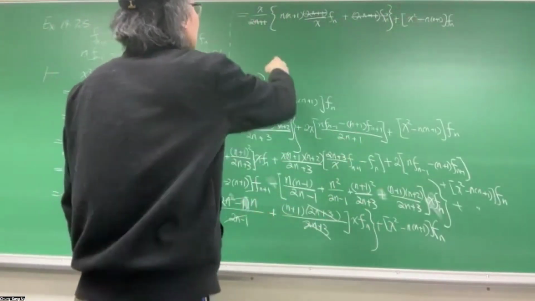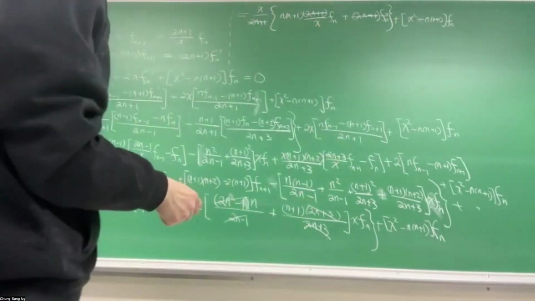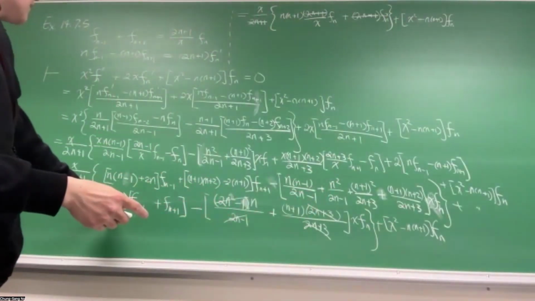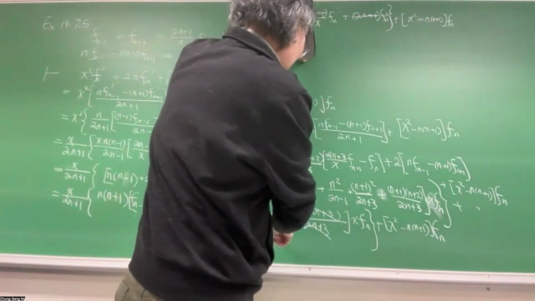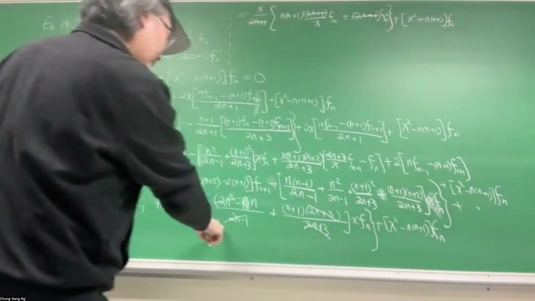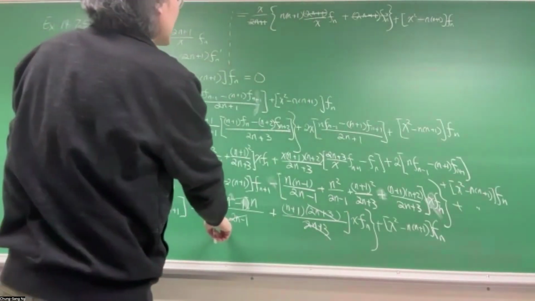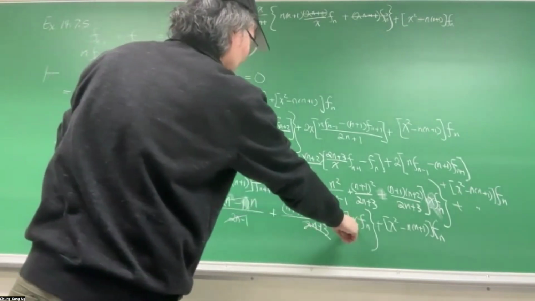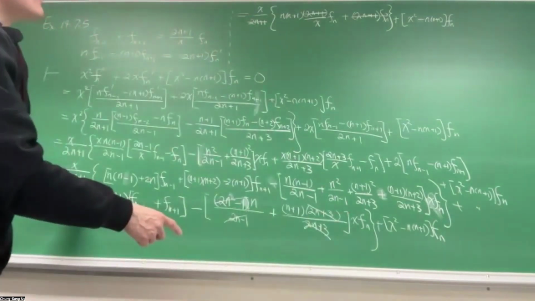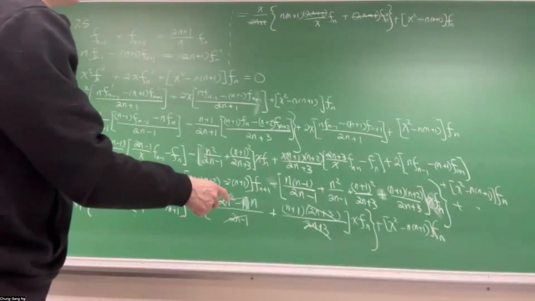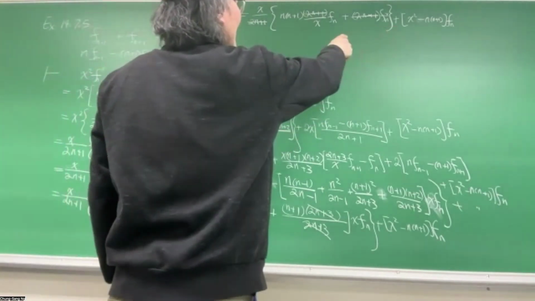And then x times, what is an x? There's x. This is coming from divided by x. Wait, there's x of n. Wait, 2n plus 1 x of n. That's fine. There's an x here. Right. So they have the same proportion Fn.